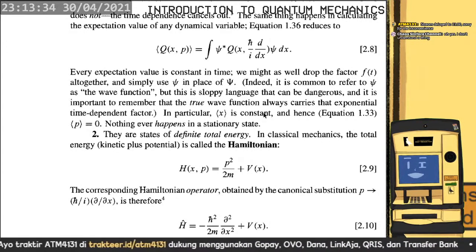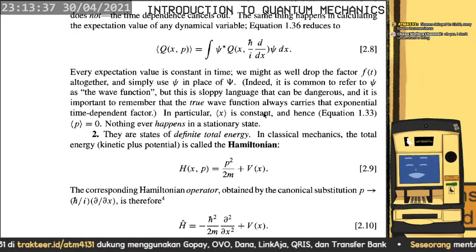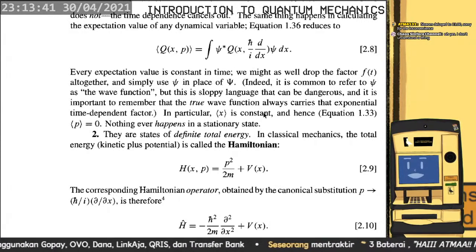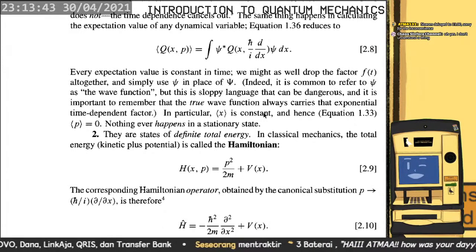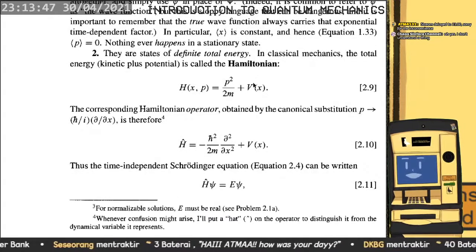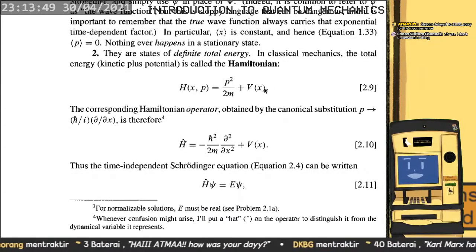2. They are states of definite total energy. In classical mechanics, the total energy, the kinetic plus potential, is called the Hamiltonian: H(x,p) equals p squared over 2m plus V(x).